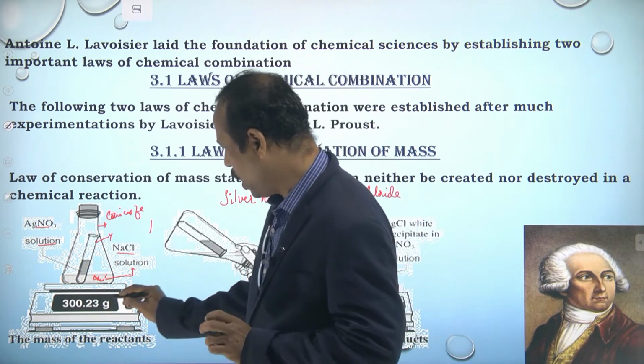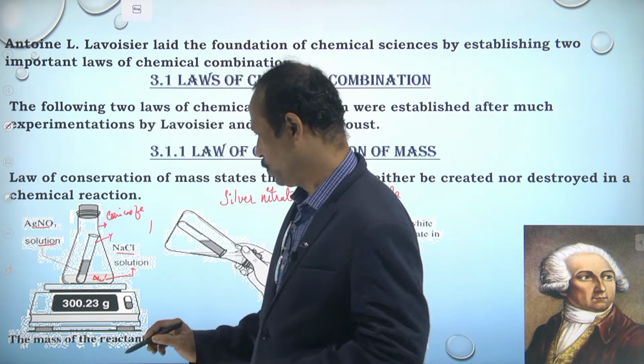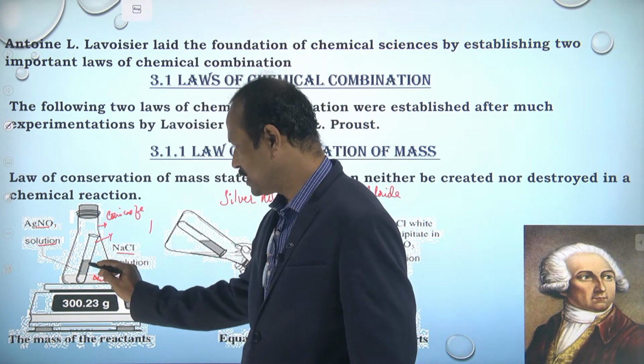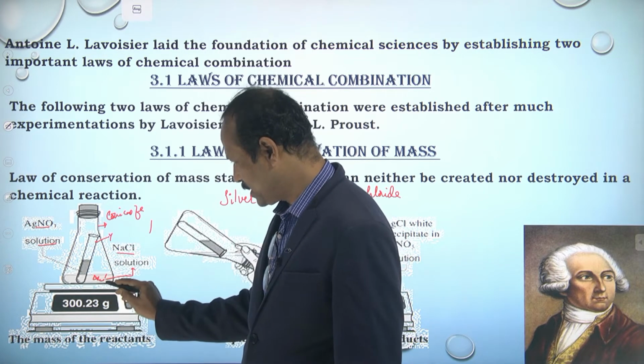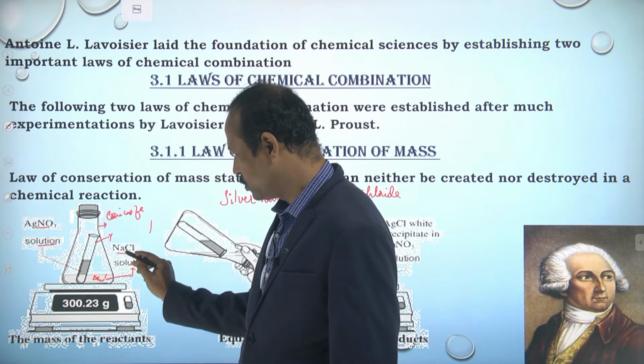Now I measure the mass of these two. In the test tube there is silver nitrate, and in the conical flask there is sodium chloride solution.